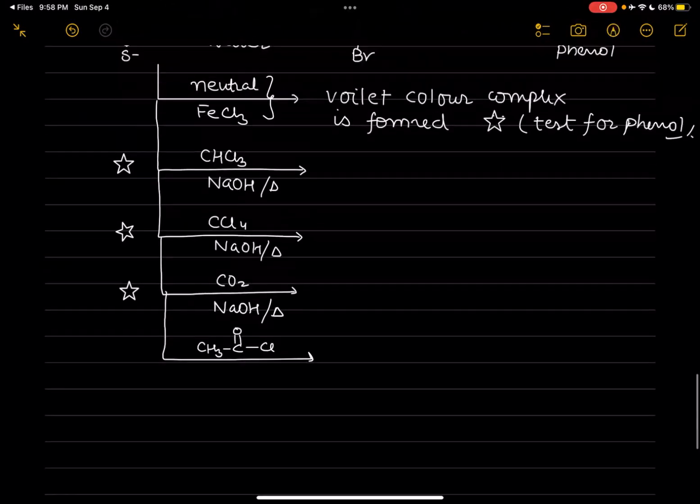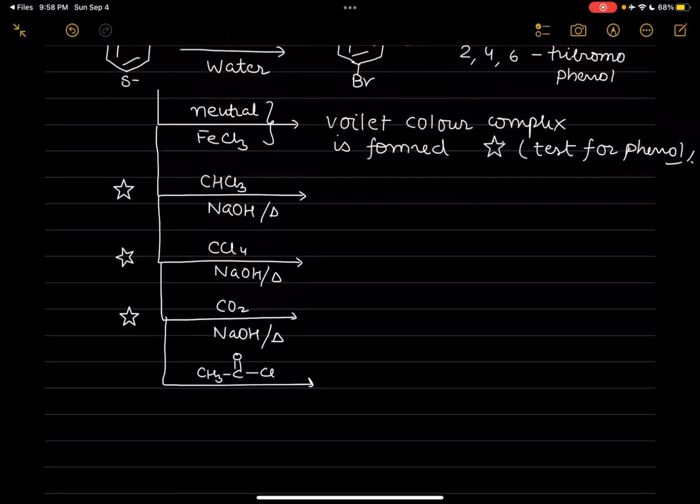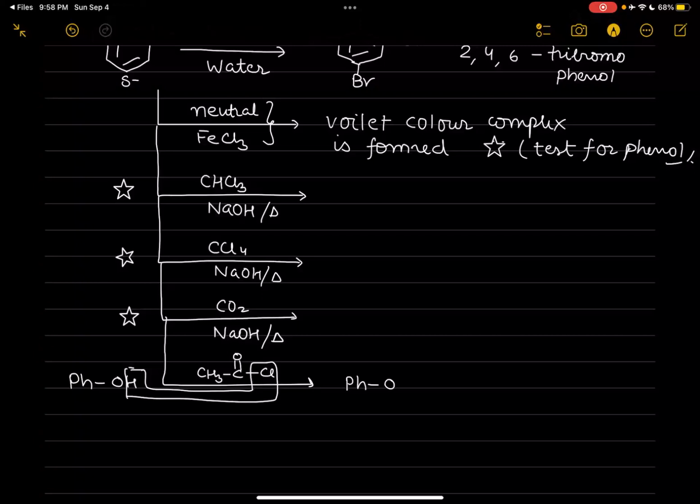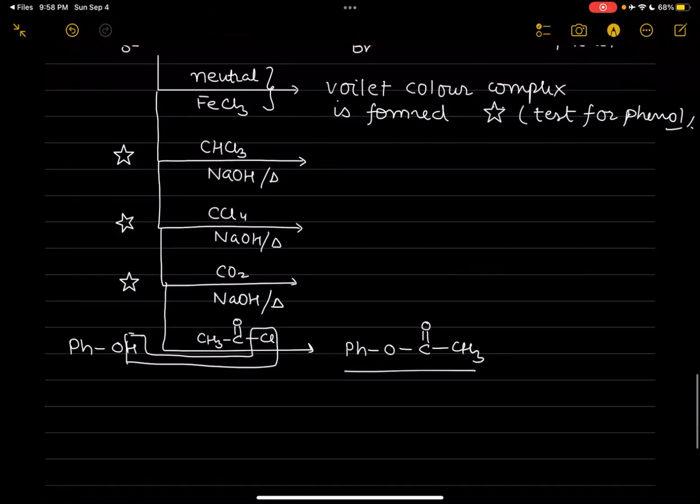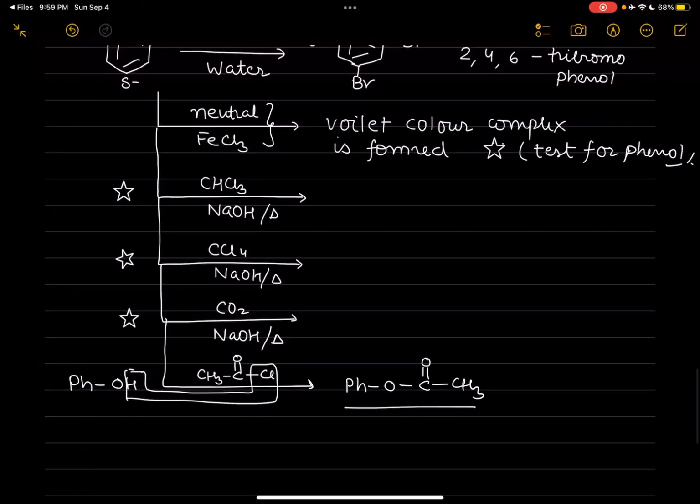So in acylation, the phenol has OH, the H and Cl are removed, and you have the acetyl group. This is acylation of OH. Okay, this is something else.